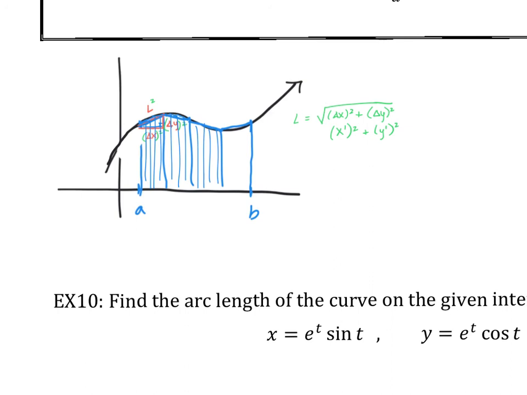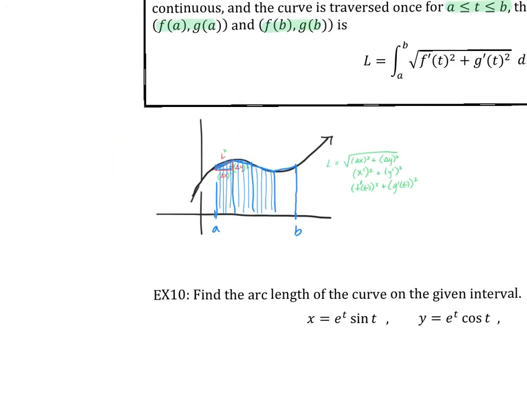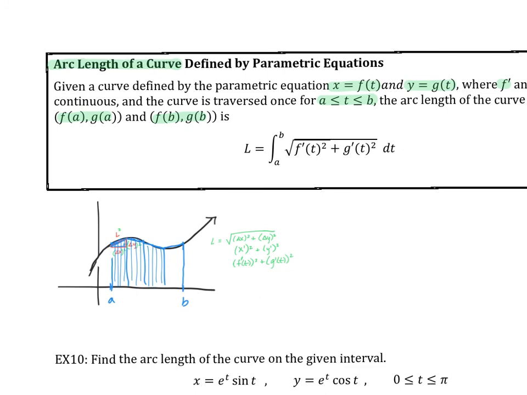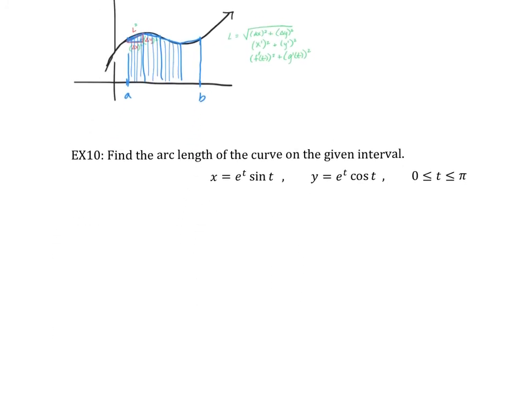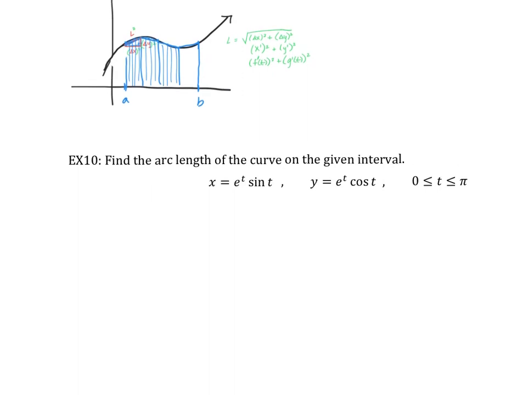But then the derivative of x, remember x is just a function of t, that would be f prime of t squared, plus y is a function of t as well, so it's g prime of t squared. And that's where this formula came from. So sometimes it's nice just to discuss where those formulas come from. We'll see this again too in Calc 4.